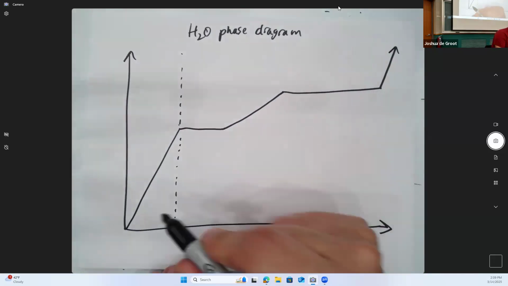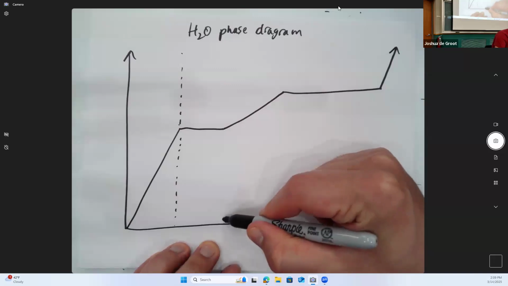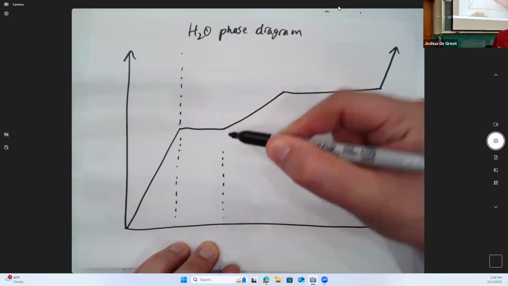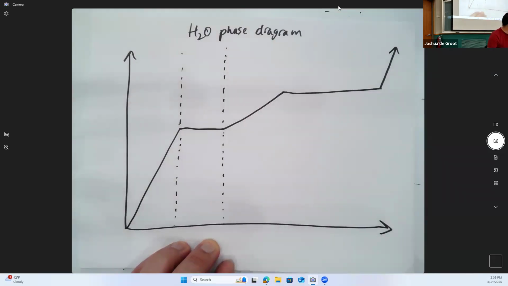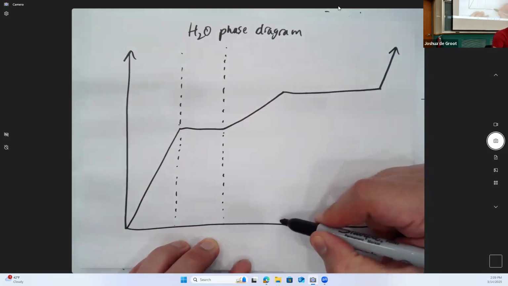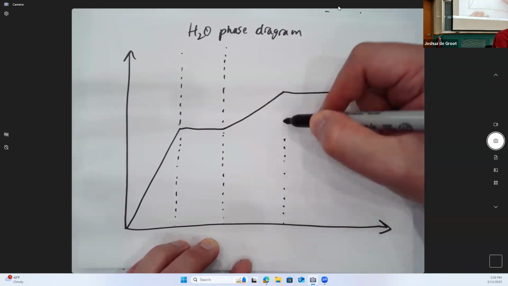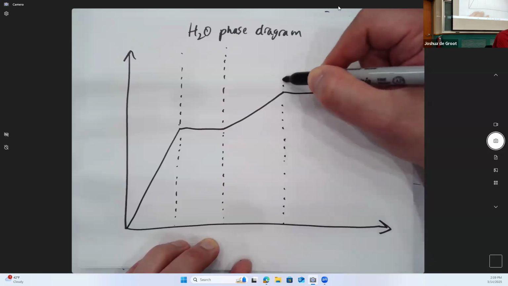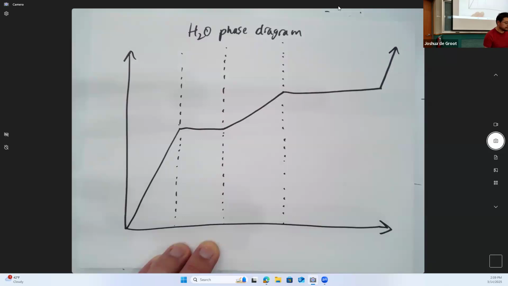Okay, so section number 1, we can see we have this steep slope. Section 2 is completely flat. Okay. Section 3, we have a slope again. And if you want, you can draw that second slope to be not as steep as the first slope.